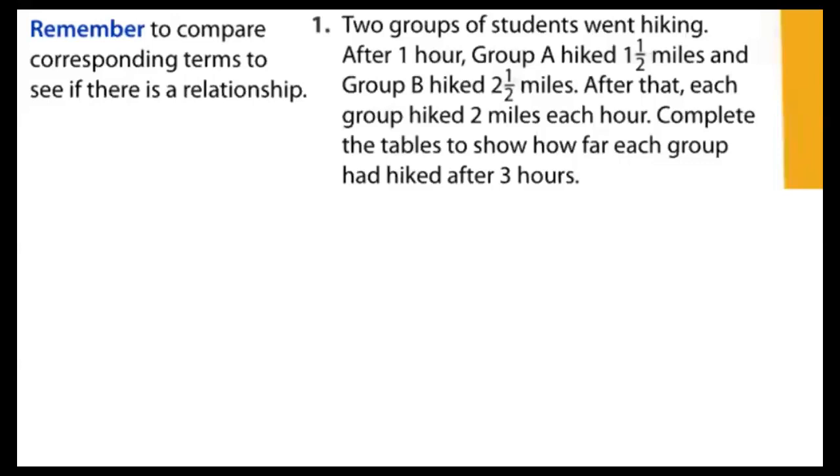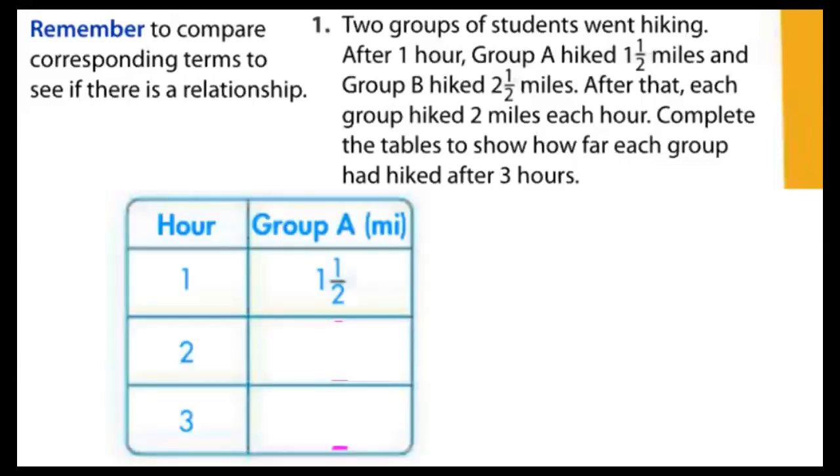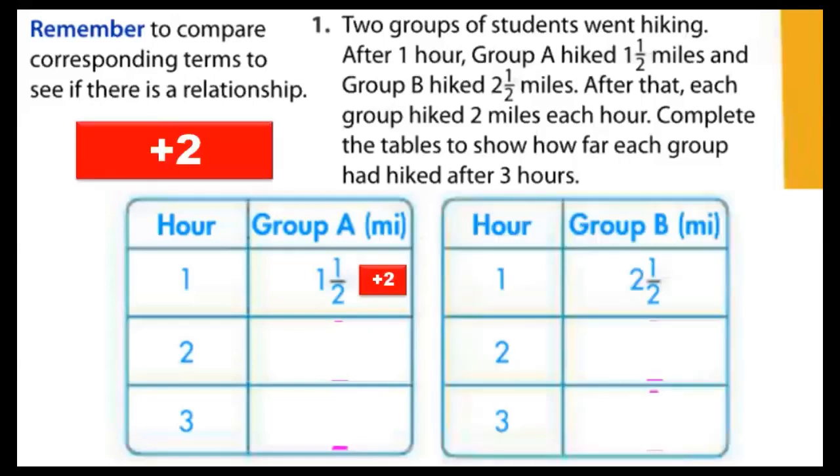So I can form two tables as I mentioned at the start of my session. For these two tables, I'm going to use the pattern of +2, or adding 2. Why? He told me in the statement, if you focus on the fourth line here, that each group hiked 2 miles each hour.